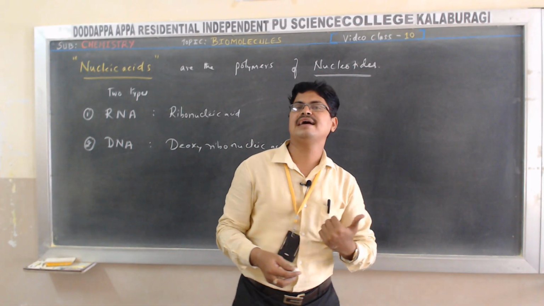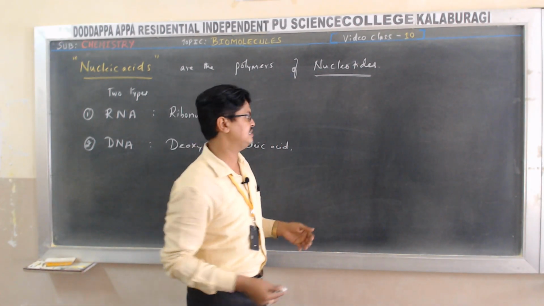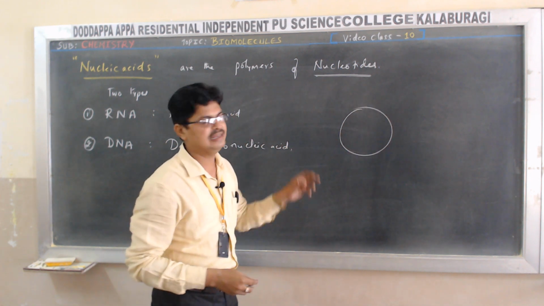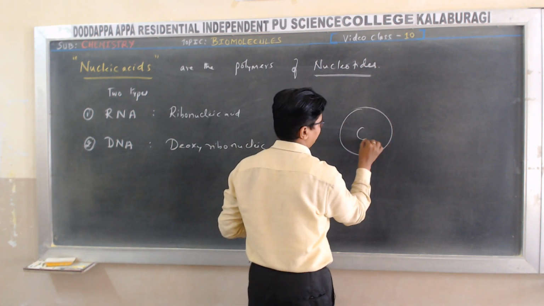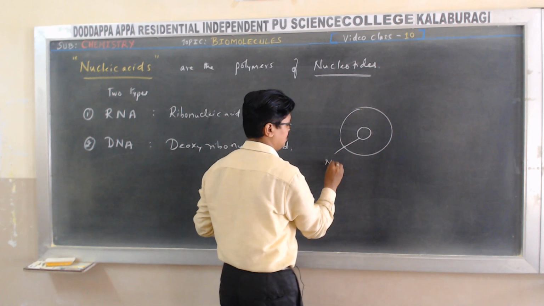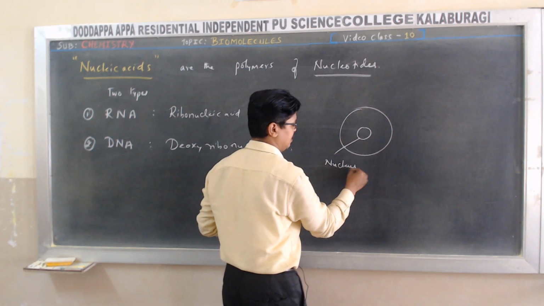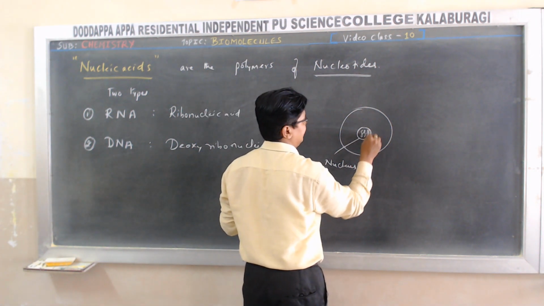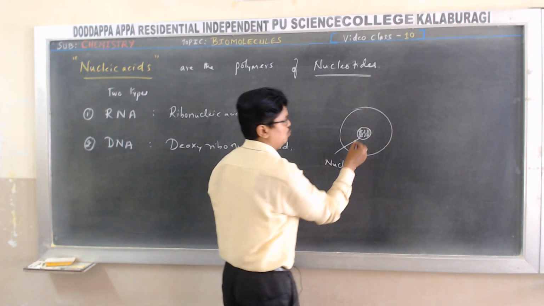Where are these nucleic acids present? If I consider a cell, a cell consists of a nucleus. Correct? The nucleus consists of thread-like structures, that is chromosomes.